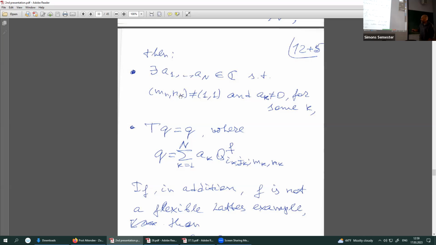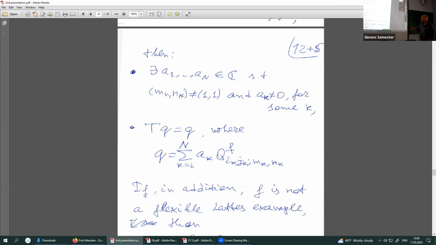These numbers are not all 0, of course, otherwise it doesn't make sense. In this combination there is at least one k with the coefficient non-zero such that m_k and n_k are not 1, 1.